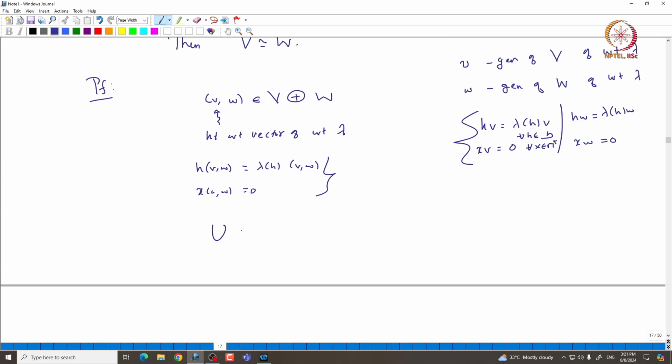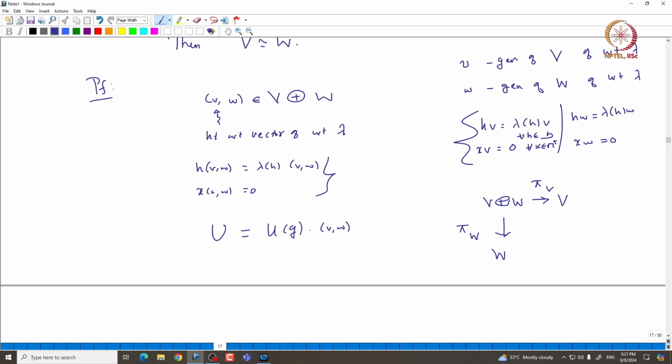Now take the module U generated by this highest weight vector. We know that it must be an irreducible representation from our previous theorem. Now we have the following projections. Take the projection on V from V direct sum W to V, and similarly the projection on W: projection on the first coordinate and projection on the second coordinate. Projections are G module maps, that is easy to see.